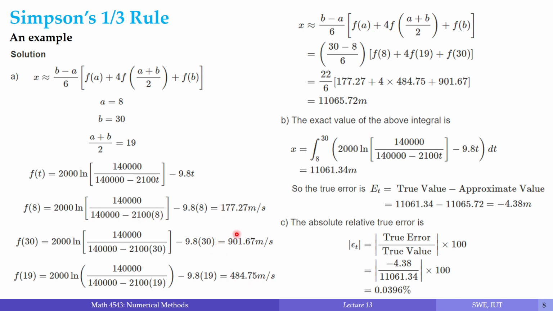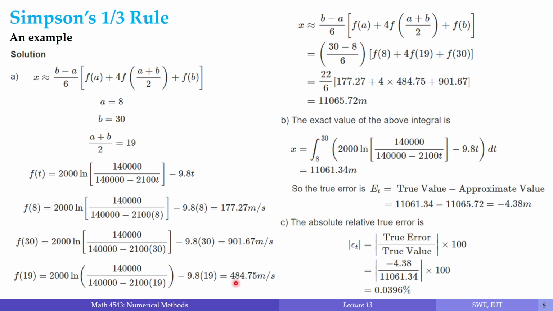After we have found these three functional values, we can simply invoke the formula that we have derived and plug in the values to the respective places. For b we plug in 30, for a we plug in 8, for f of a we plug in the value of f of 8. For f of (a plus b)/2 we plug in the value of f of 19.